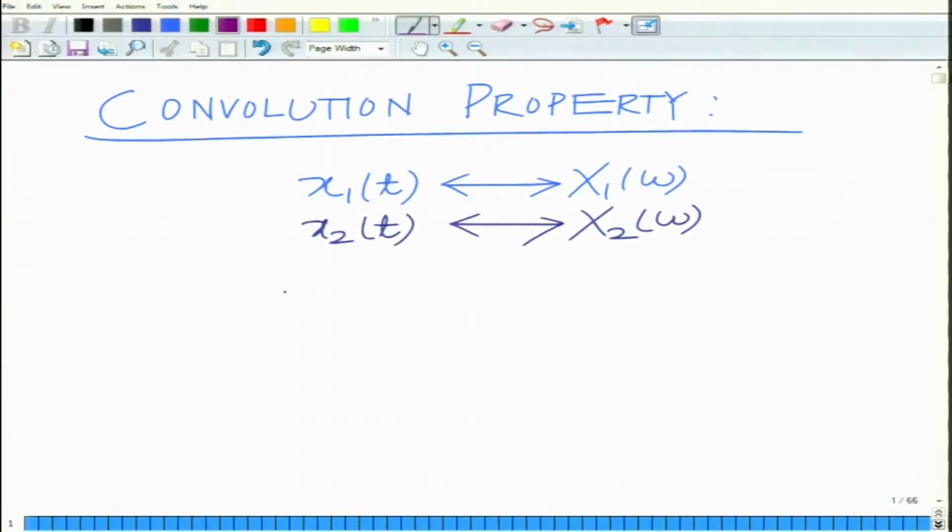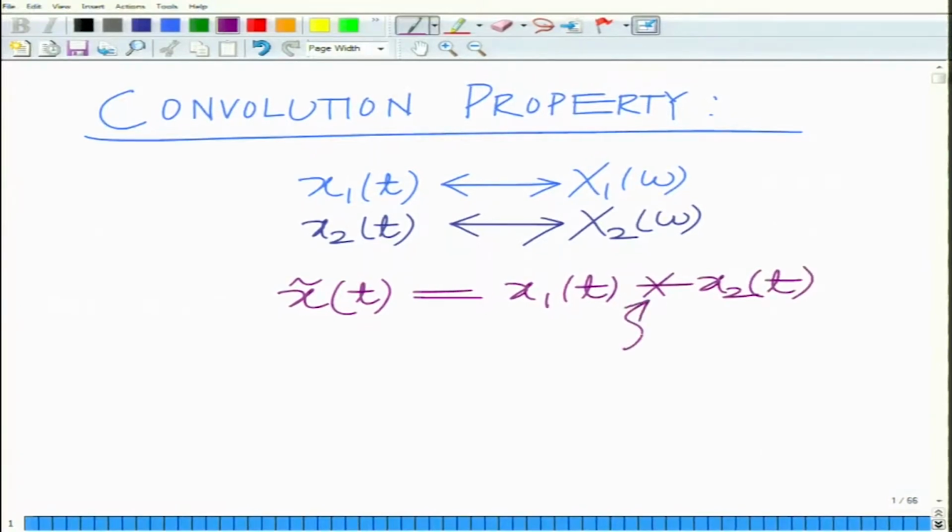Now, what can we say about x tilde(t), which is the convolution of x1(t) and x2(t)?